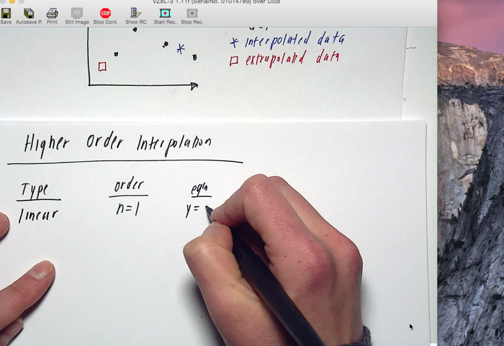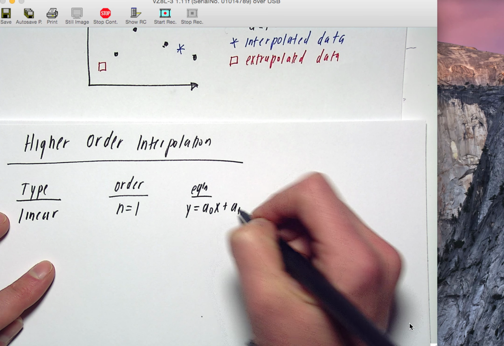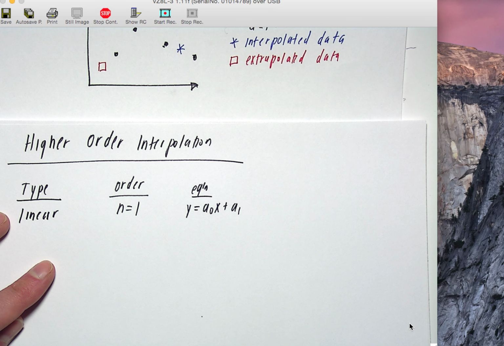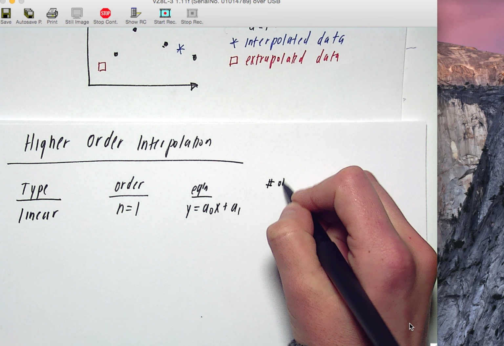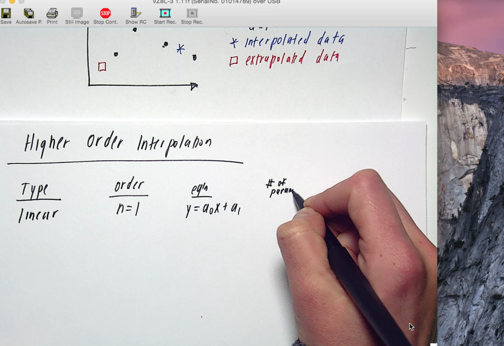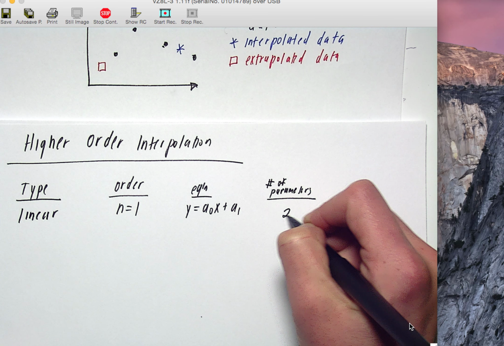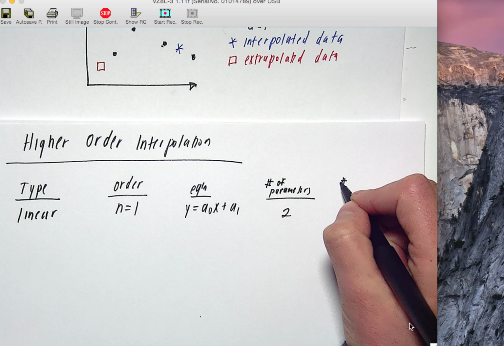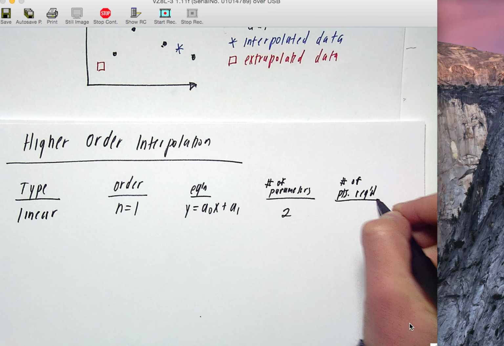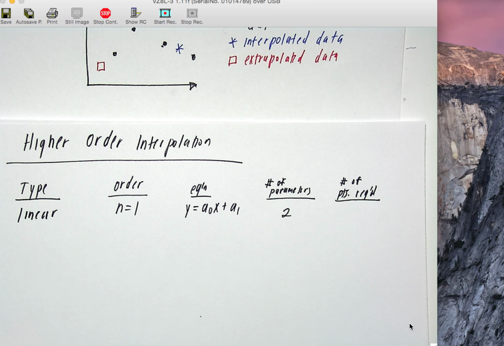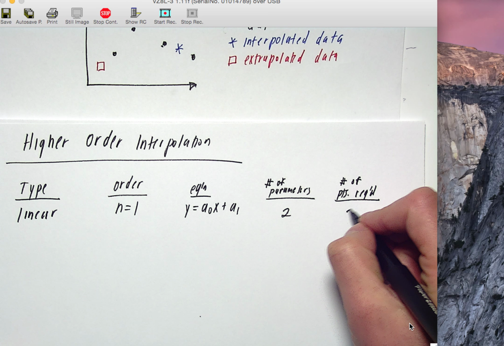That means that you have an equation that has two unknowns that you're trying to get enough information to fully define. So how many points are required to solve that? If you have two unknowns, you need 2 points.